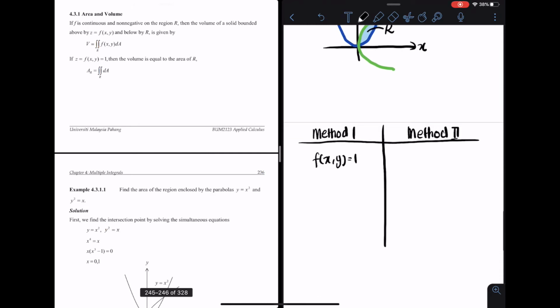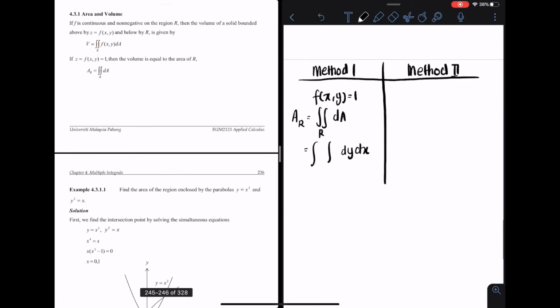So for method 1, the area of region R is equal to the double integral over region R of dA, and then when I expand dA, I will get a double integral. I'm going to leave some space, dy dx.